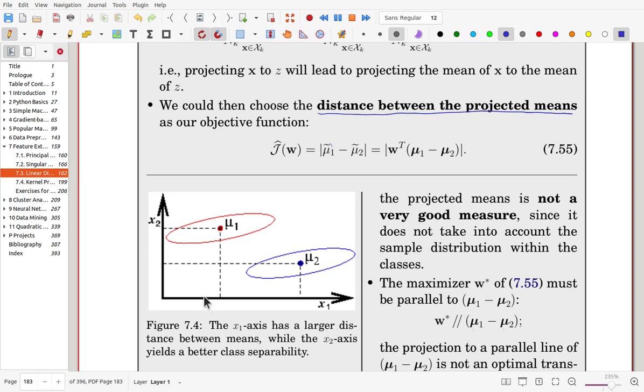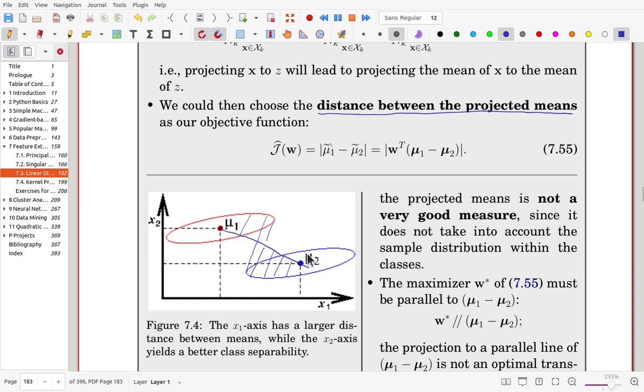That means W must be parallel to that vector. Once points are projected onto the line, some portion of the data from class 1 and class 2 have overlapping projected values.